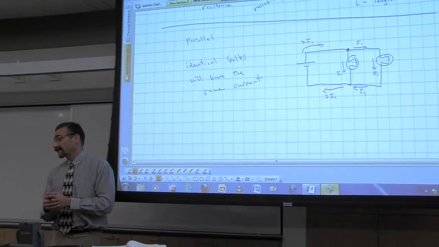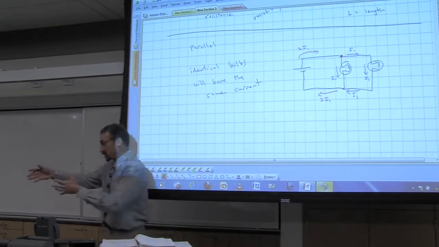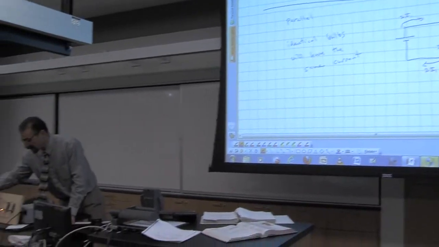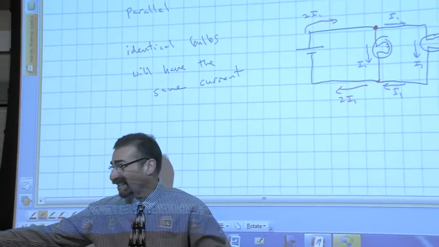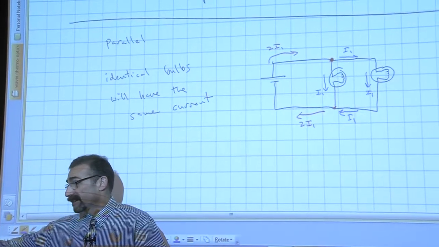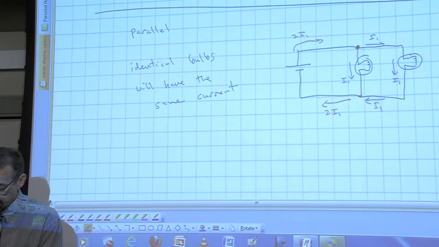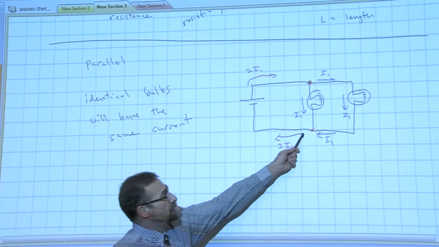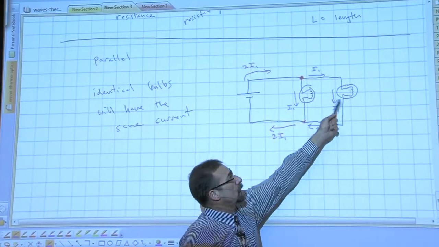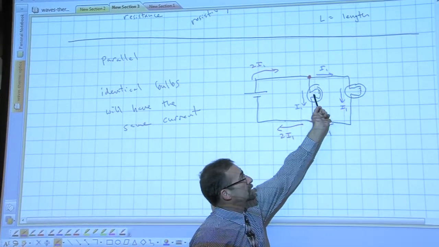They're not perfect conductors. So these wires in my actual circuit over here have a little bit of resistance. But it's very small, and so in my real circuit, it really doesn't affect things compared to the resistance of the light bulbs. And when I draw a circuit, I'm assuming that these lines have no resistance. And so when I draw this, all my resistance is in these two devices here.